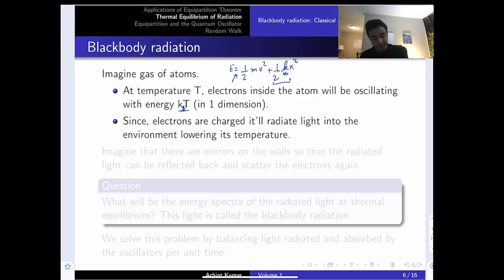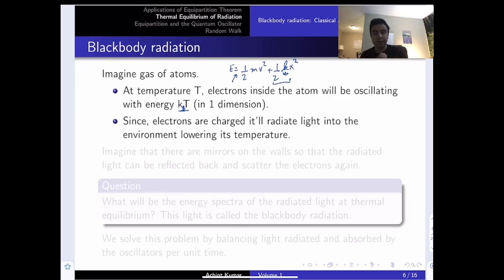But the problem is, because the electrons are charged, as they oscillate back and forth, they radiate light and lose energy, thereby lowering the temperature. So we expect a gas of molecules at temperature T to keep cooling, and that's what happens.